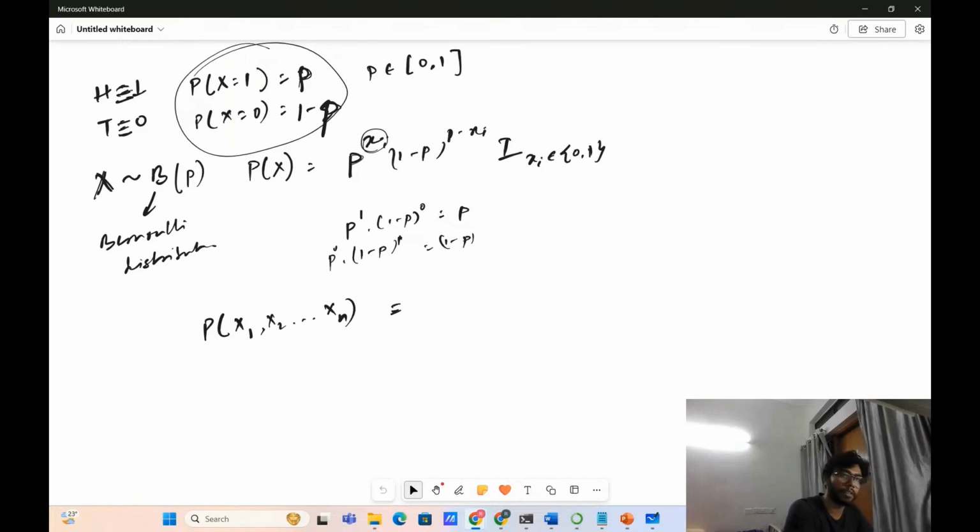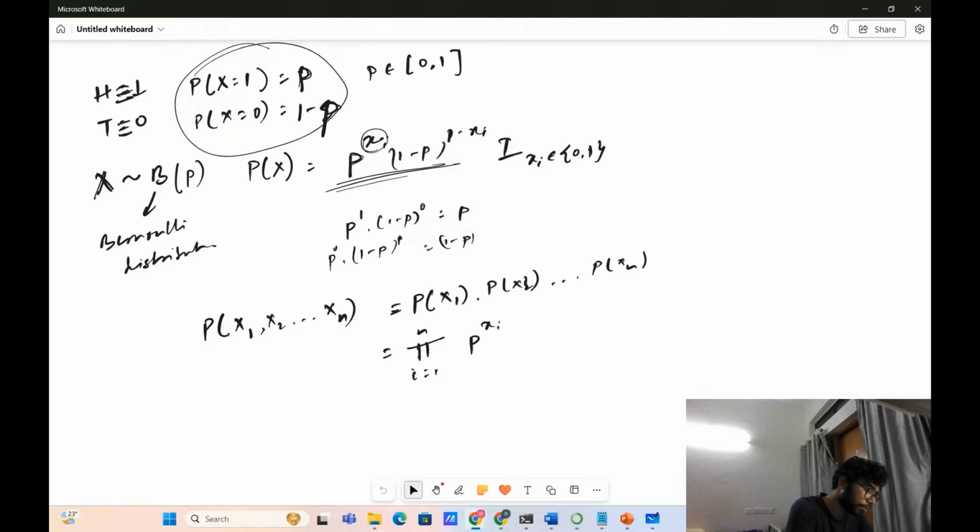So this is equal to p of x1 times p of x2 times dot dot dot till p of xn, and each of these will have this distribution. So this will be a product, the product sign from i equals 1 to n, of p to the power of xi times (1 minus p) to the power of 1 minus xi.